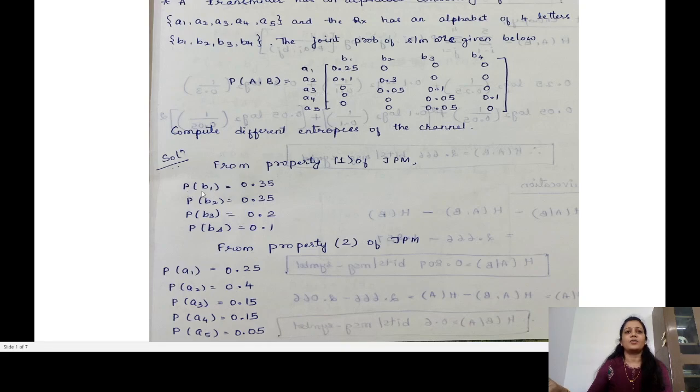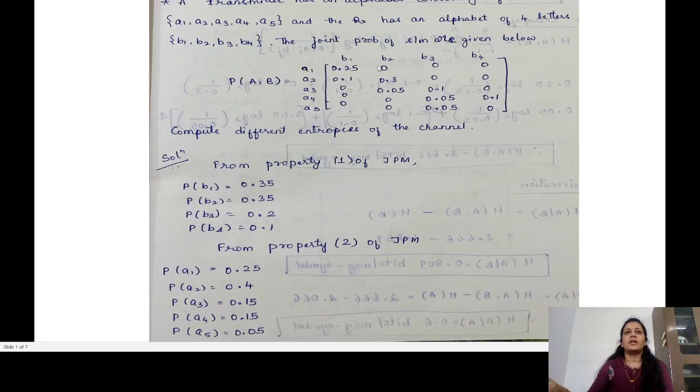The probability of output symbol B1 can be calculated by adding the first column, from property 1 of your joint probability matrix. Similarly, the probability of the second output symbol can be obtained by adding the elements of the second column. By adding the elements of the third column, we get the probability of the third output symbol. Similarly, we can obtain the fourth output symbol probability.